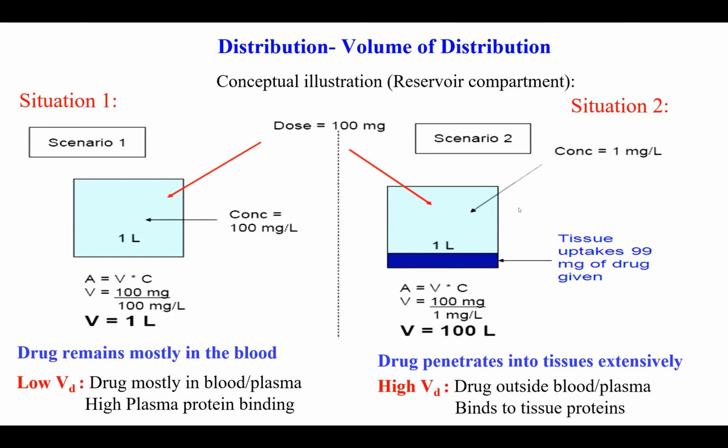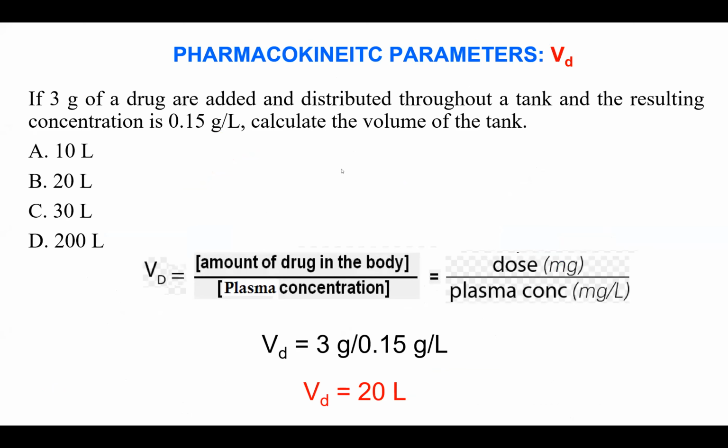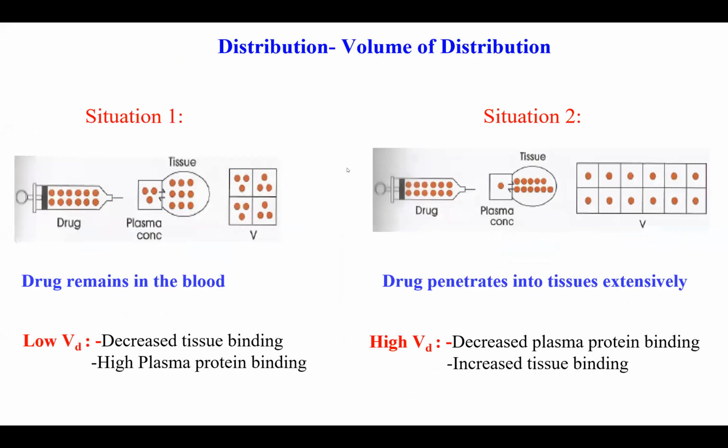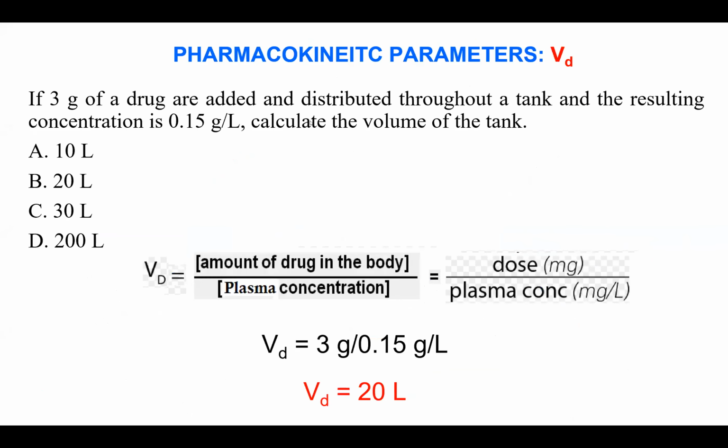That means the drug has already penetrated into the tissues. A little amount of drug has remained in the blood, so the plasma protein binding is low here. The drug has penetrated the tissues and most likely reaches the target site.